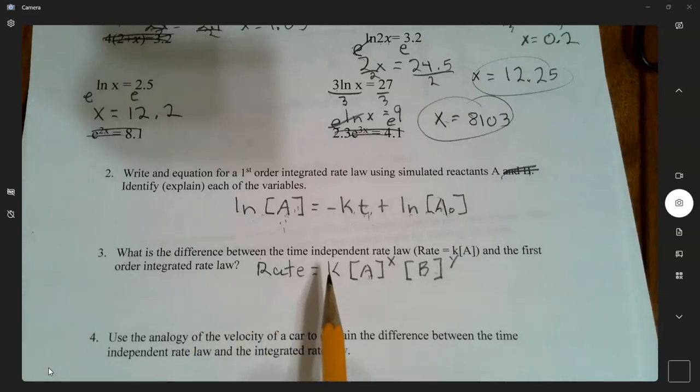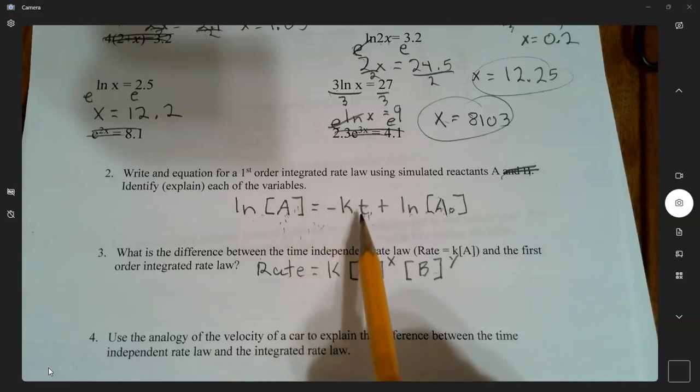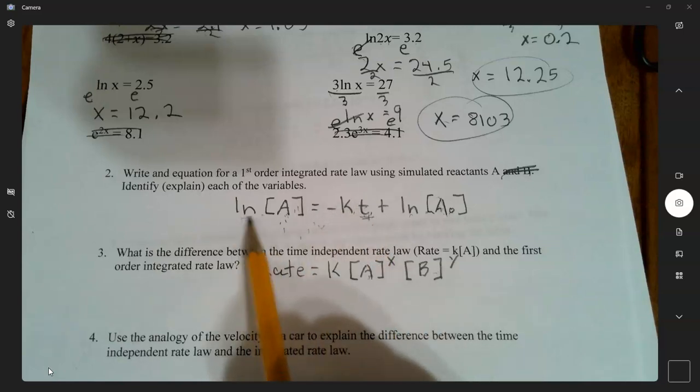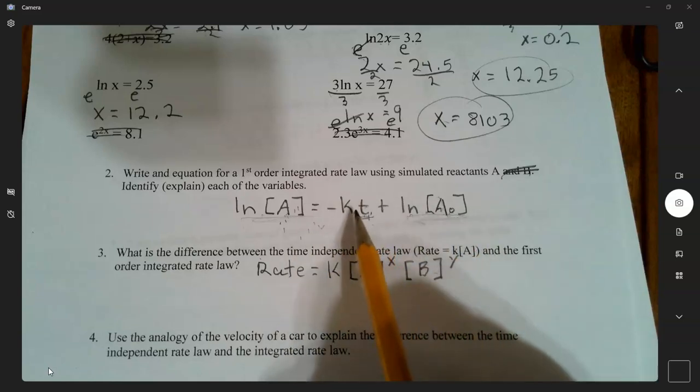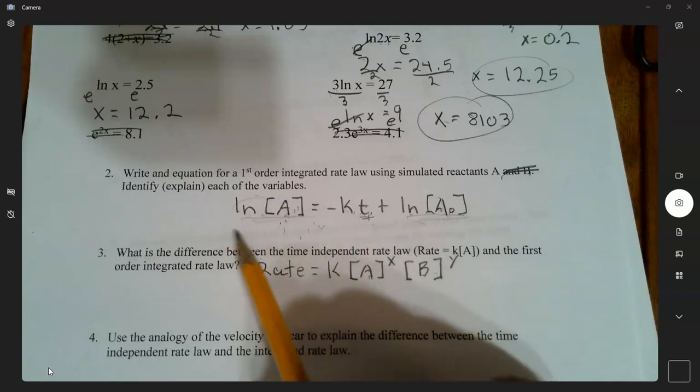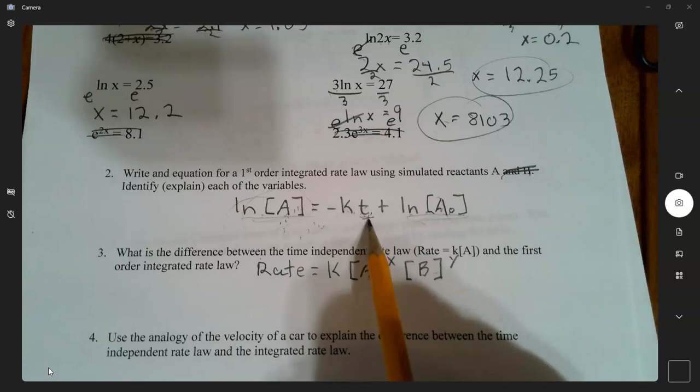Now, the first order integrated rate law is simply this up here. So this is a function of time. It tells you what concentration you're going to have if you start with this concentration and then you subtract, because this is a negative sign, kt. It'll tell you what the concentration is at this point in time.